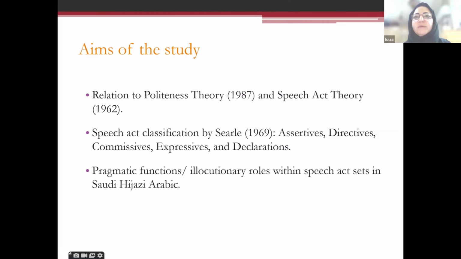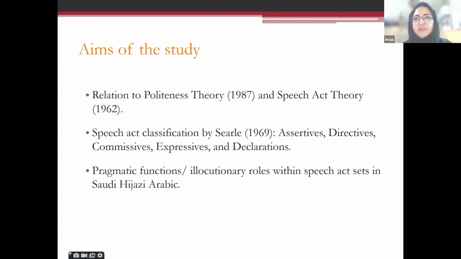Directives, also examples are requests or ordering, so asking the hearer to do something. Commissives, things that the speaker commits to, for example, promises that the speaker makes, pledges, guarantees. Also expressives, which are used basically to express the speaker's psychological state. It's whatever the speaker feels at that moment, like thanking, apologizing, congratulating, regretting, any feeling.